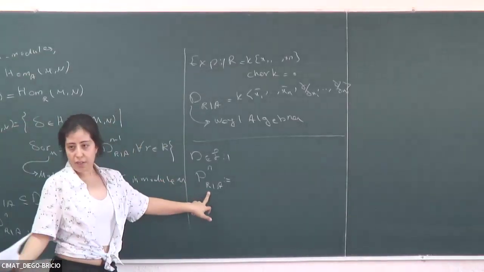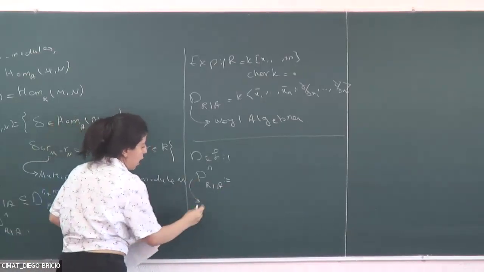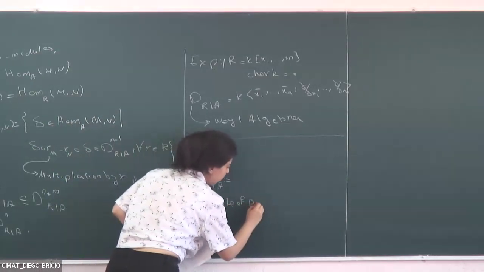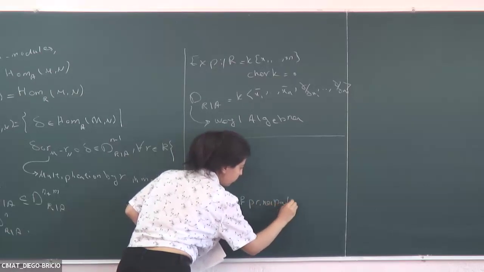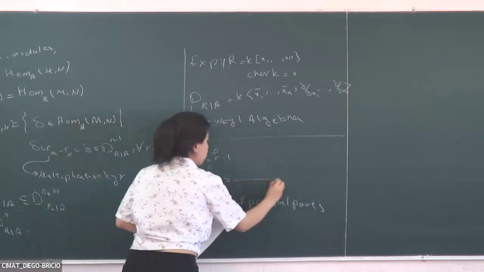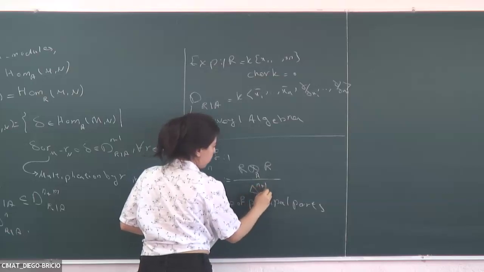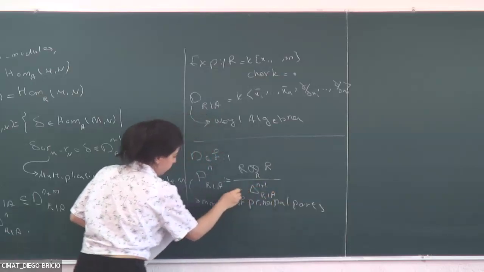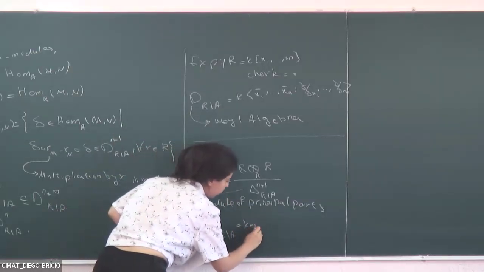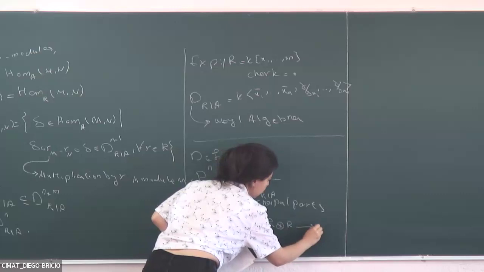As always, we assume that R is a commutative ring and A is a subring of R. By P^n, I mean the module of principal parts, and I define it as follows: R tensor_A R over Δ^{n+1}_{R/A}, where Δ_{R/A} is the kernel of the multiplication map R tensor_A R to R.